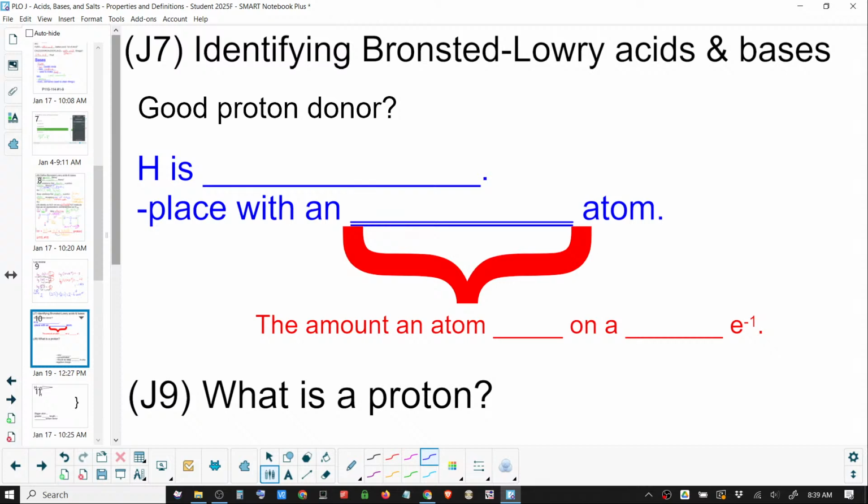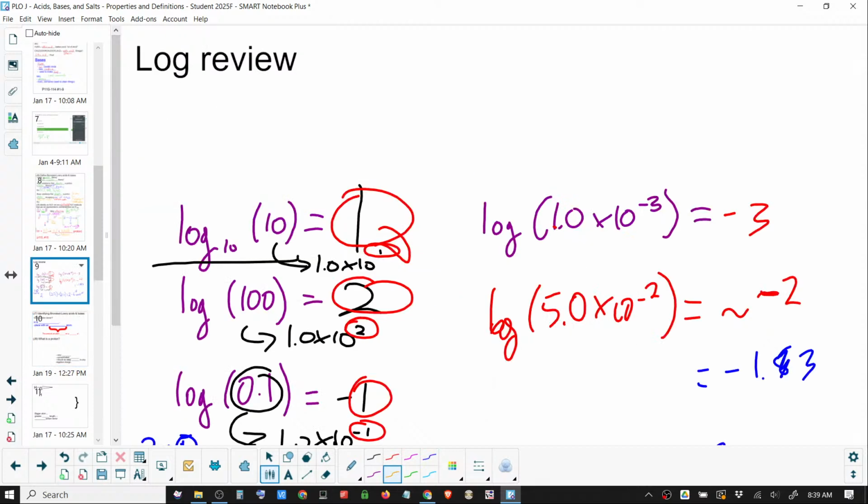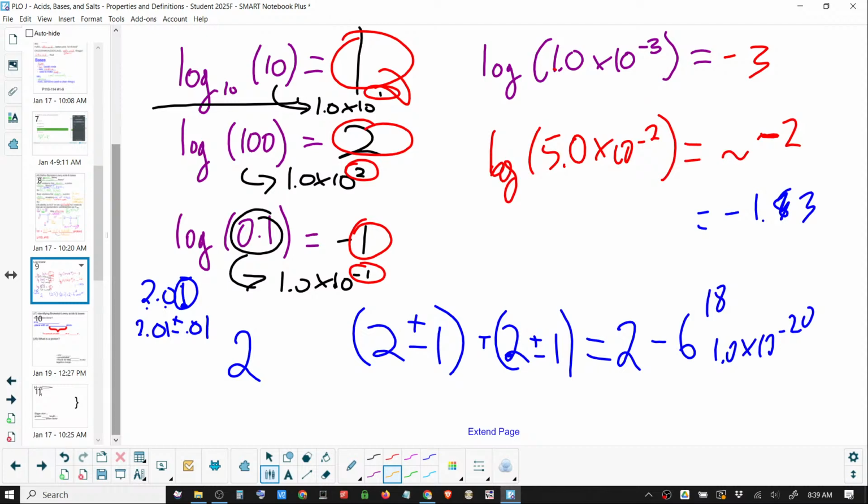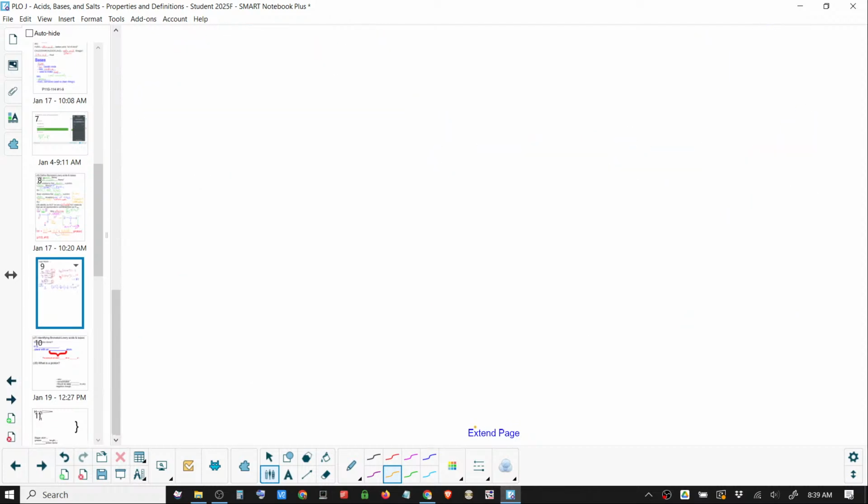So, logarithms. Maybe I should do it the other way too. The log, roughly, of 5.6 times 10 to the minus 10 is equal to what? Minus 10. Excellent.